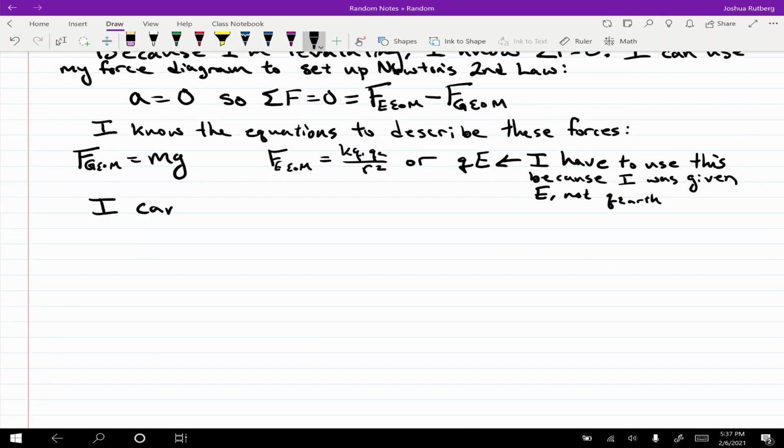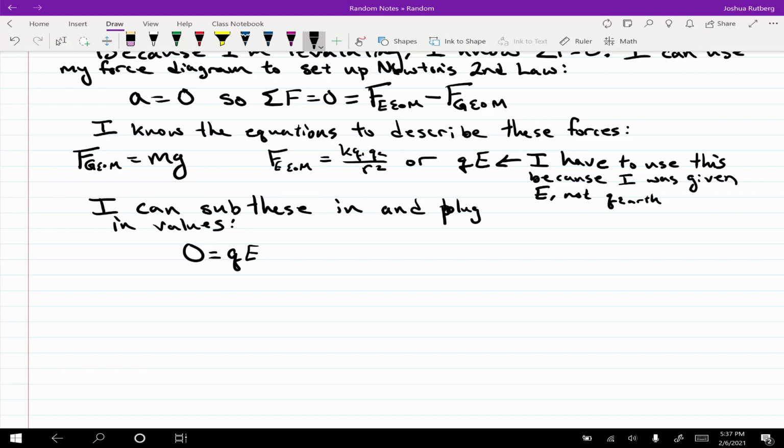So I can substitute these in and plug in values. 0 is equal to QE minus mg. QE is equal to mg. So I'm adding mg to both sides.